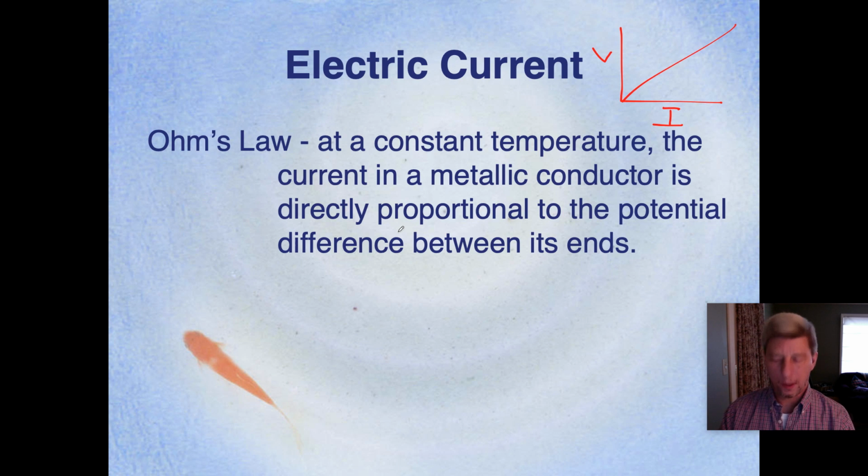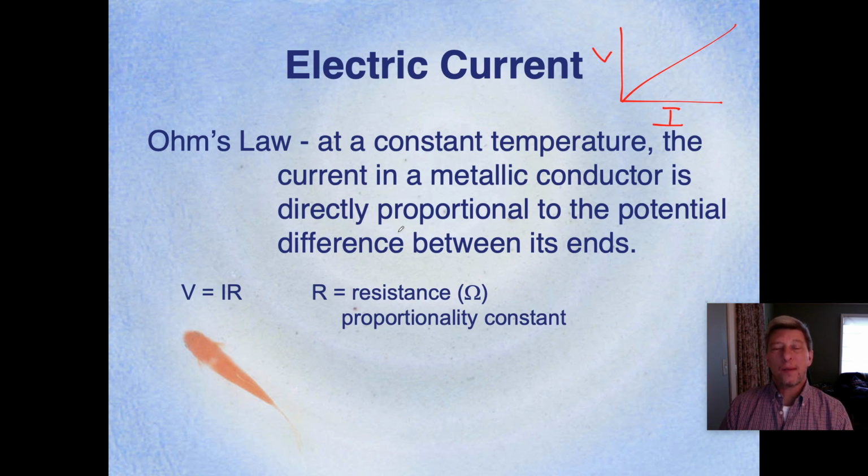Now, the proportionality constant here is called resistance, and it is abbreviated with this letter omega, which is the last letter of the Greek alphabet. But it sounds like ohms, and therefore we use it as the symbol for this. So ohms are not symbolized with an O, they are symbolized with an omega.